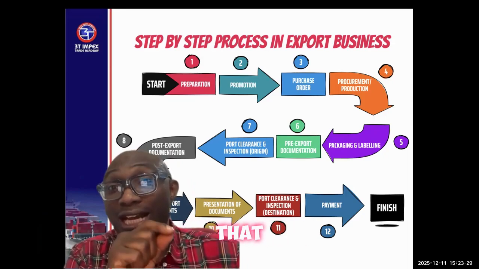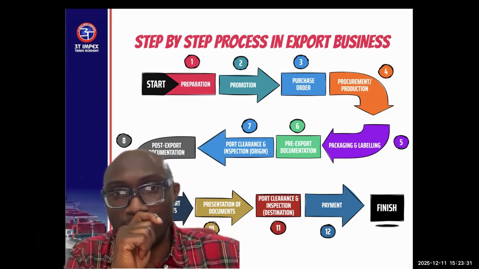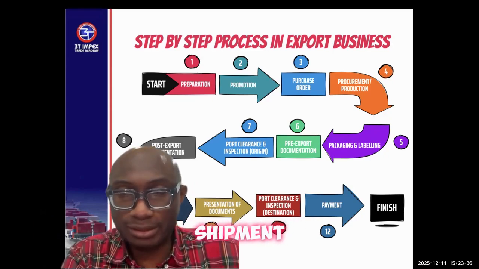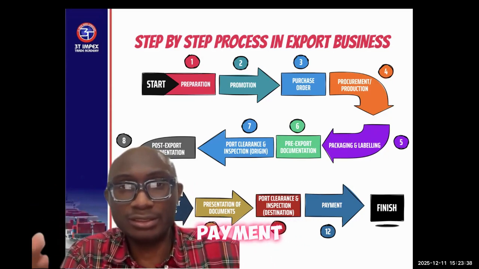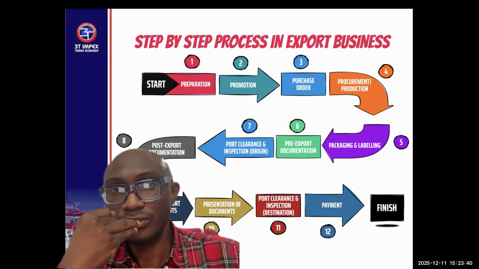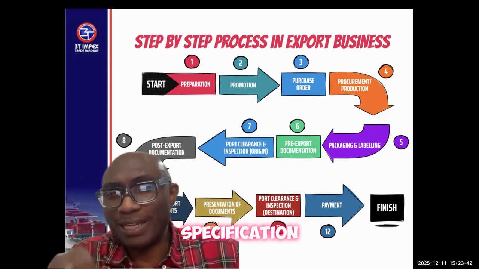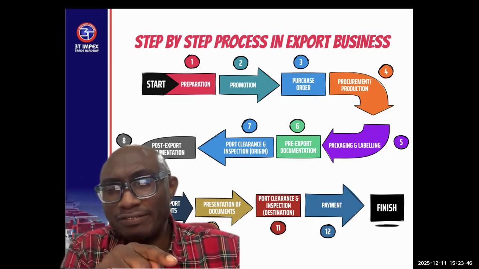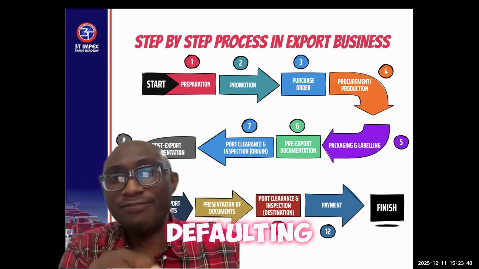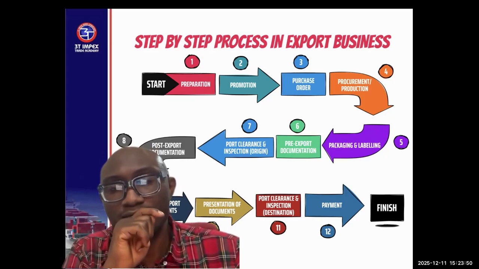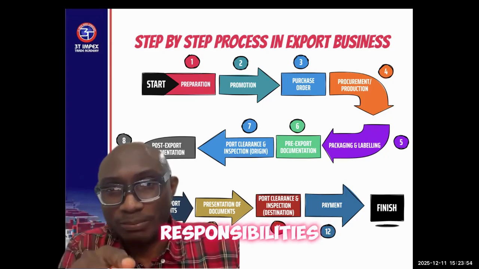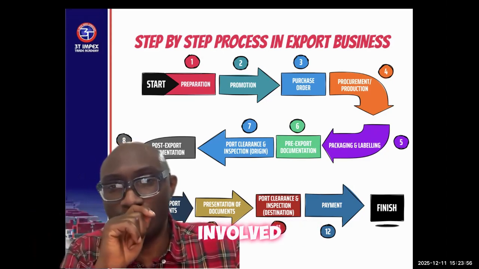One of the reasons why purchase order data is very important is because it spells out the terms and conditions of shipment, terms and conditions of payment, the quality specification of the goods, the penalty for any defaulting party, the liabilities and responsibilities of the parties involved.